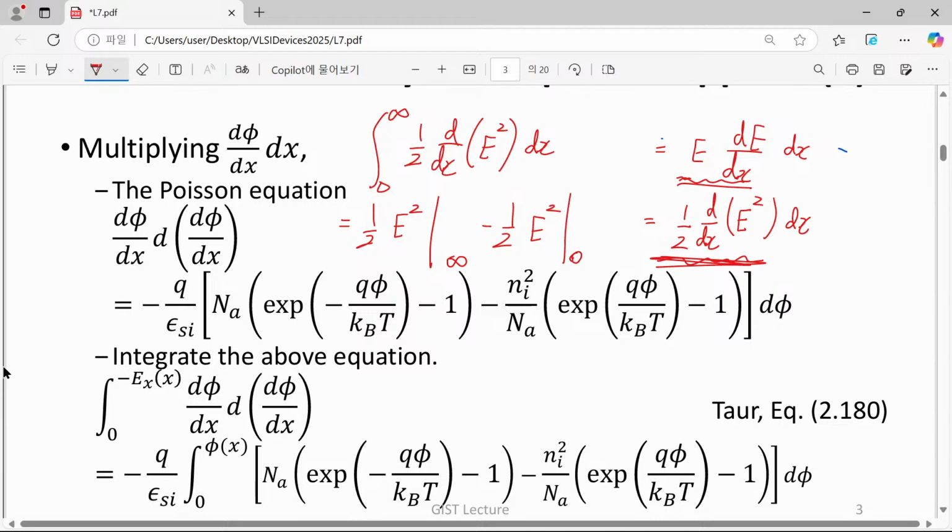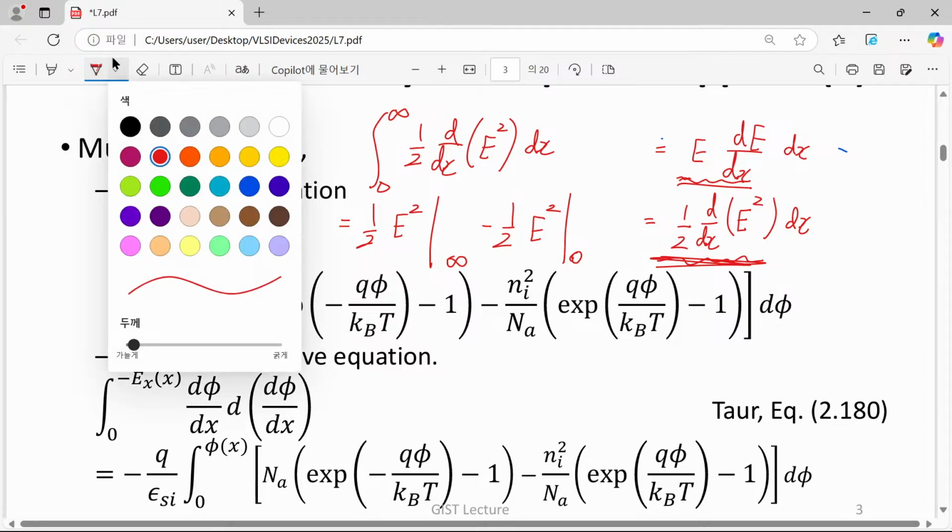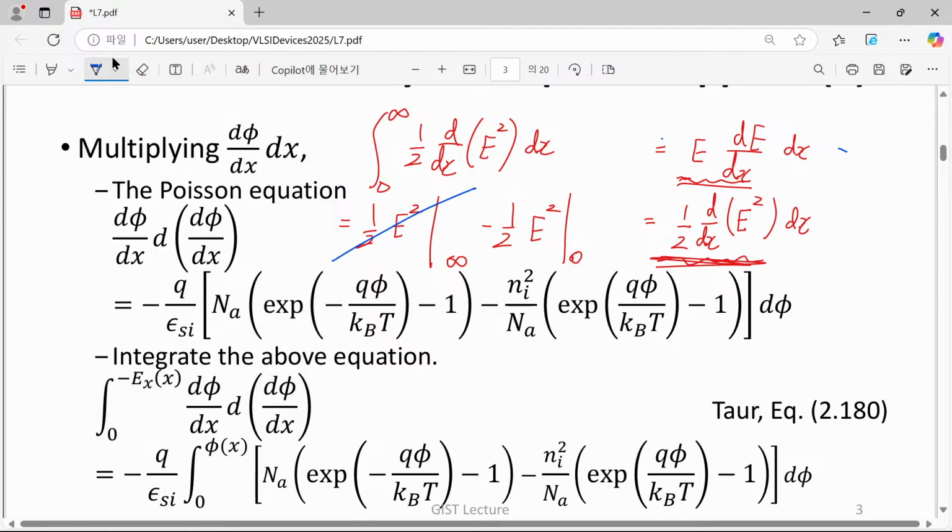Once again, since the electric field itself vanishes at x equal to infinity at deep substrate, the first term does not contribute anything.